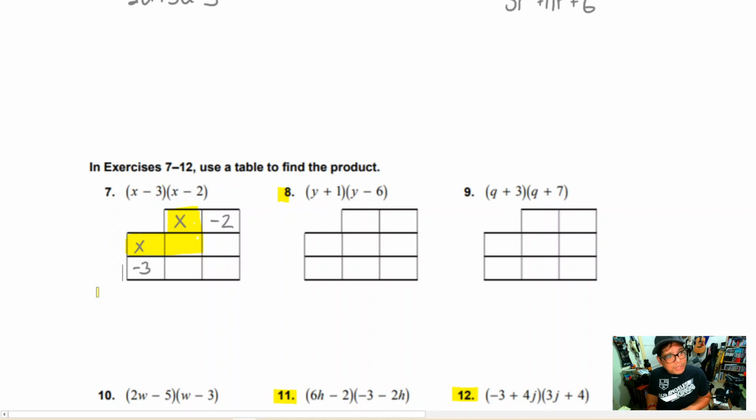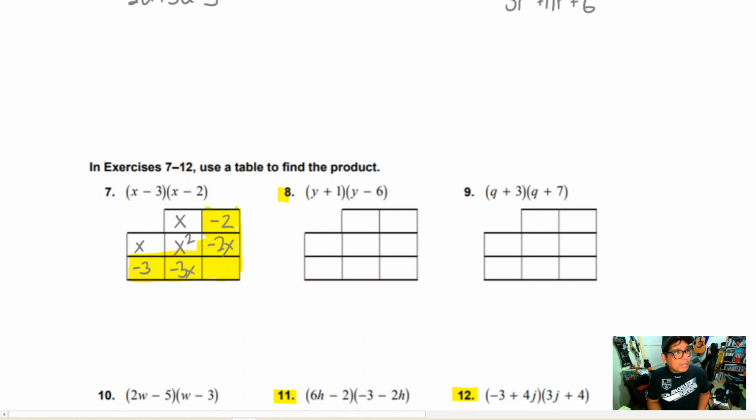We've got x times x, that's x squared. We've got x times negative 2, that's negative 2x. On the second row, you've got negative 3 times x, negative 3x.